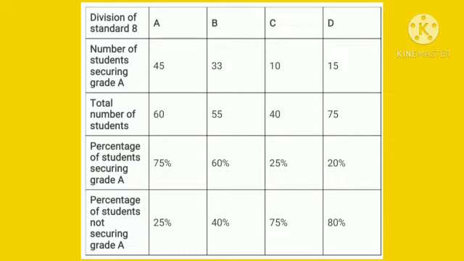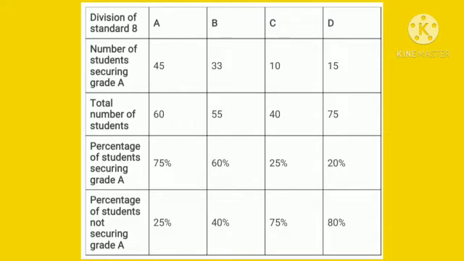Now, in division B, there are 33 students securing grade A and the total number of students is 55. So, the percentage of students securing grade A will be equal to 33 divided by 55 multiplied by 100, which is equal to 60%.